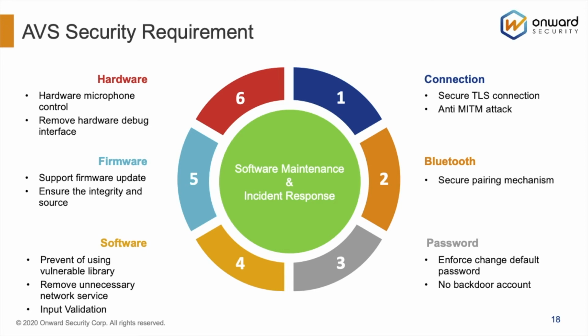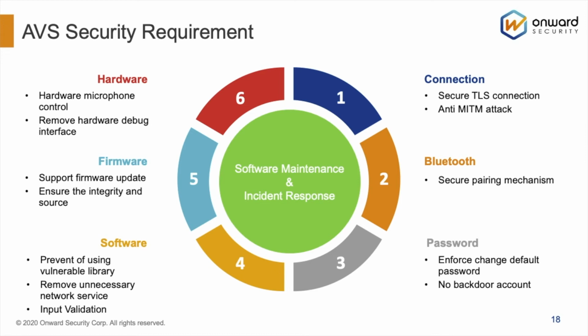You have to use a secure connection, and you should equip anti-man-in-the-middle protection, a way to prevent man-in-the-middle attacks. And for Bluetooth devices, you should use a secure pairing mechanism. And for every authentication interface, you have to enforce changing the default password, and you cannot use any kind of backdoor account inside your products.